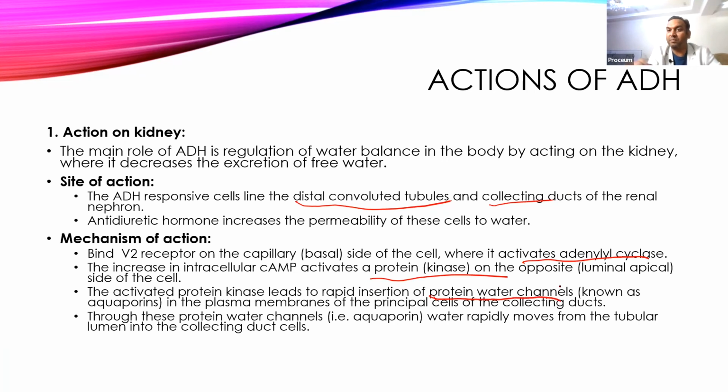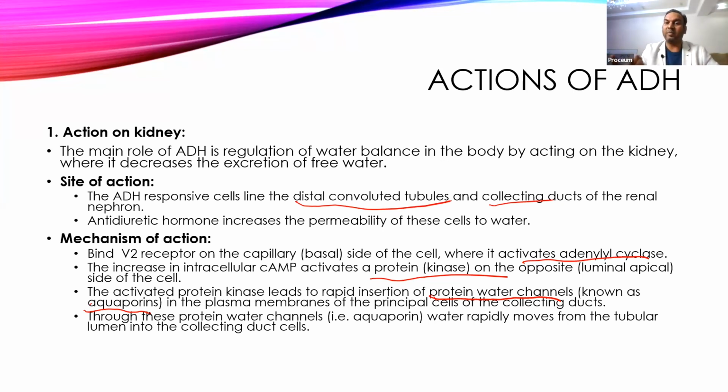ये किसी ने मुझे फर्स्ट क्लास में पूछा था, the aquaporins. Okay, these are water channels. The channels form from aquaporins on the plasma membrane of the collecting duct cells, which are called principal cells. Through these water channels, the water will easily move from the tubular lumen of the collecting duct into the interstitium.